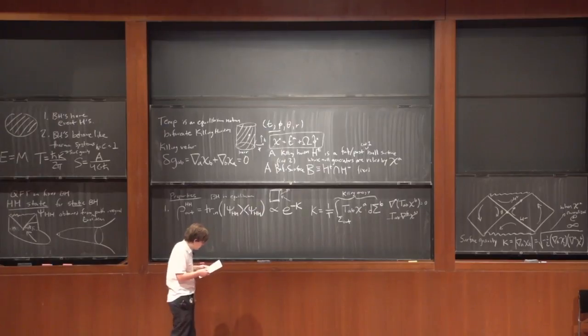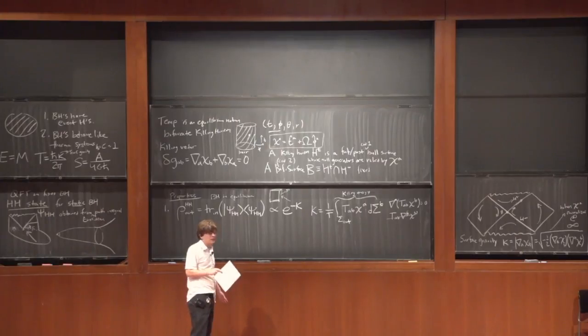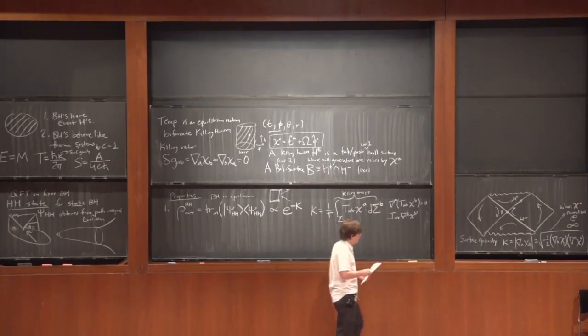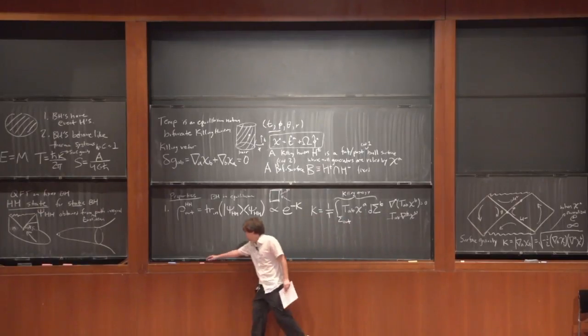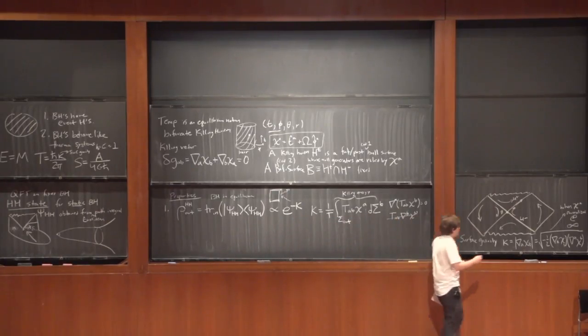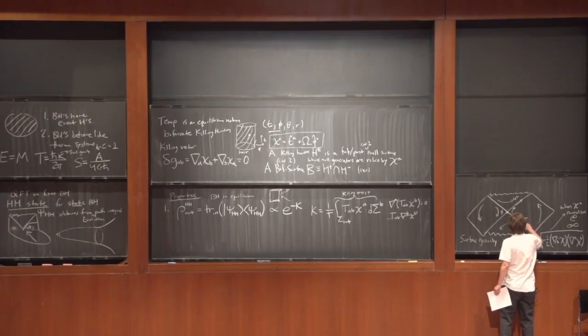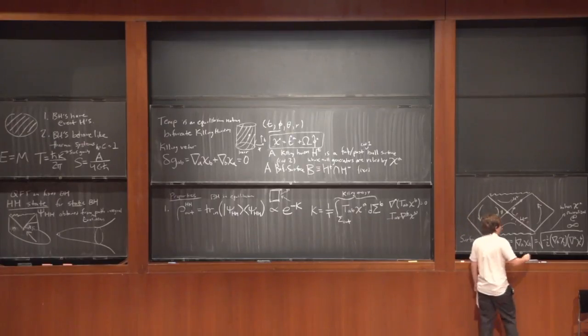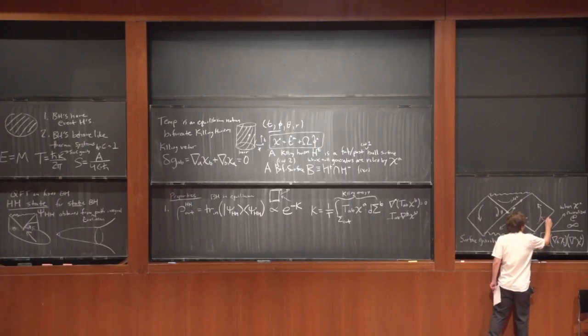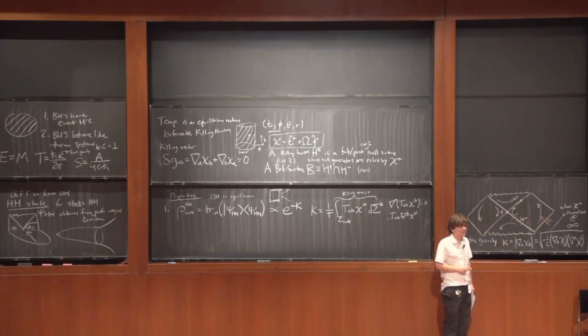So one thing to know is that if you wanted to describe an evaporating black hole, you would not use the Hartle-Hawking state. You would use a different state called the Unruh state, where the radiation coming out from the black hole is the same as in Hartle-Hawking, but you say that you have the vacuum state coming in from past infinity.